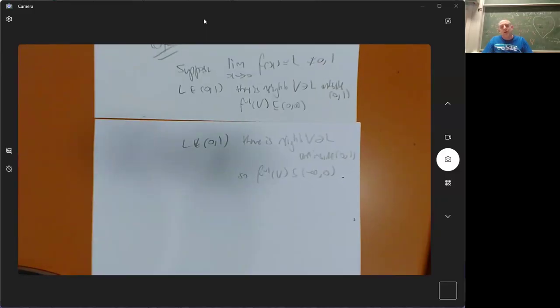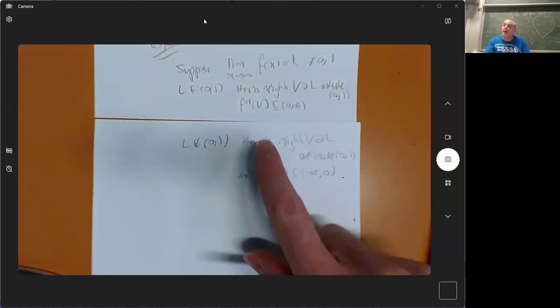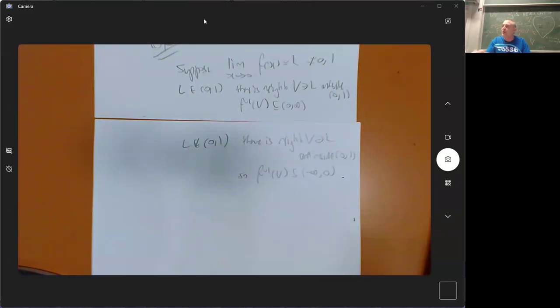And that means that there are no neighbourhoods whose f of them is fully contained in V and include both positive and negative numbers.